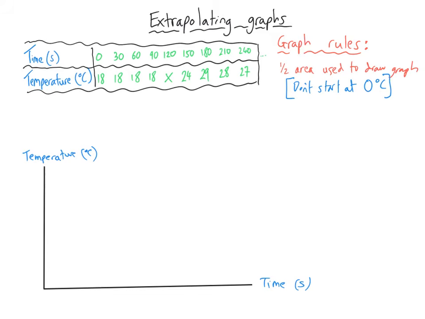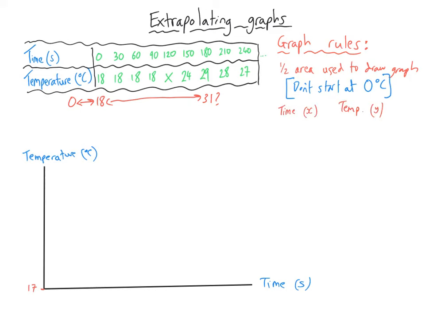Because if we did that, we would have 18 degrees between our starting temperature and 0, and then we would have what looks like maybe 11 or 12 degrees between our starting temperature and the highest temperature. So we're already guaranteeing we're not going to get the marks here, because we are choosing to not use more than half of the y-axis that we're plotting. So we mustn't start at 0. I'm going to start here at what looks like the origin at 17.